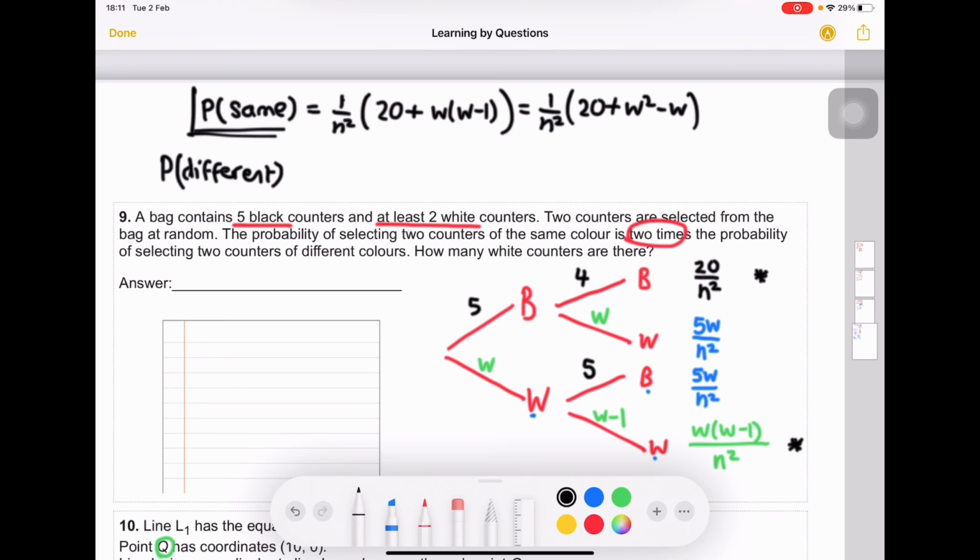If this is twice as big in size, then in terms of setting up an equation, the probability that the two counters are of different colors multiplied by 2 would give you the probability that they are the same color.